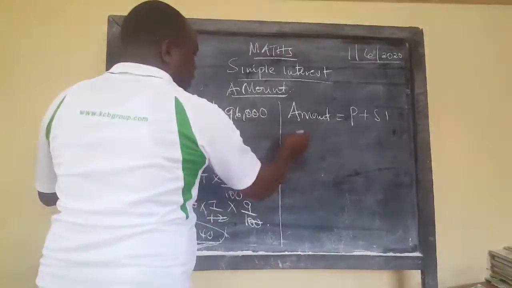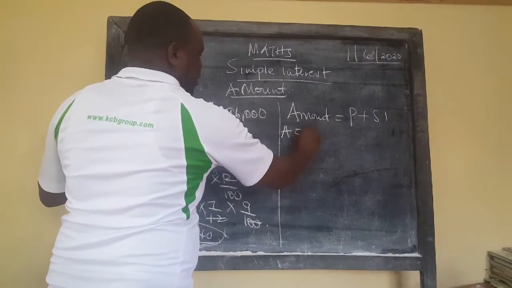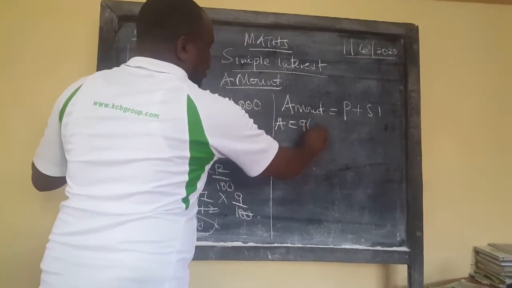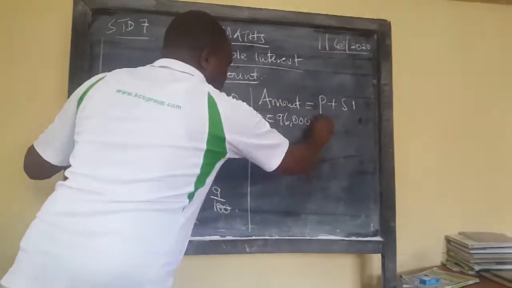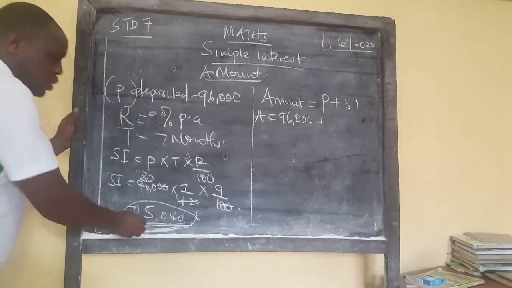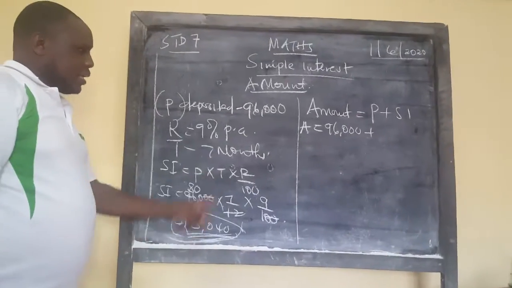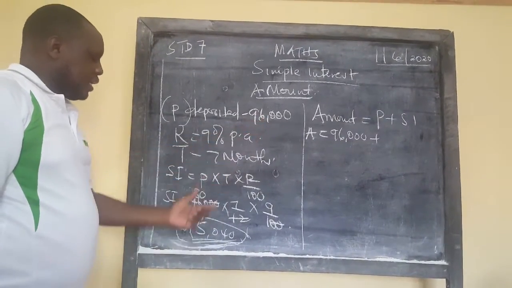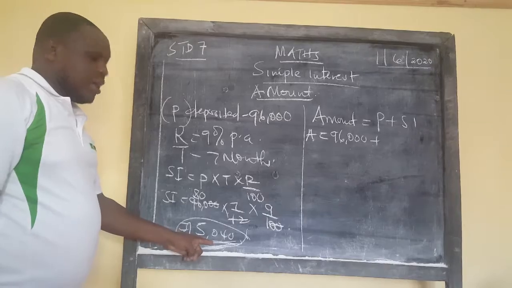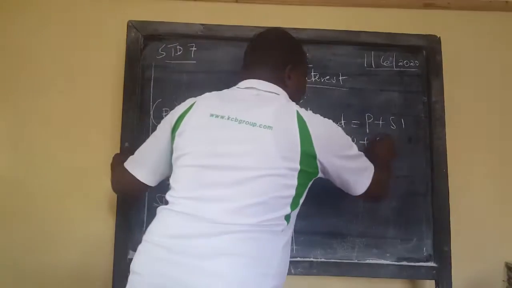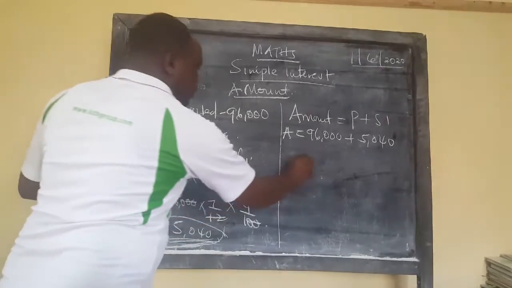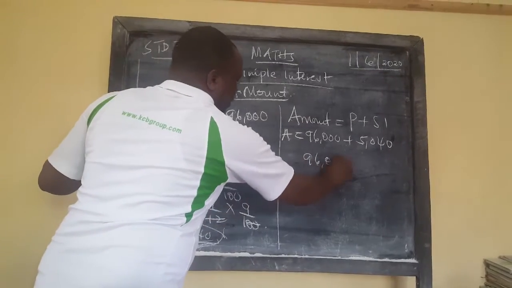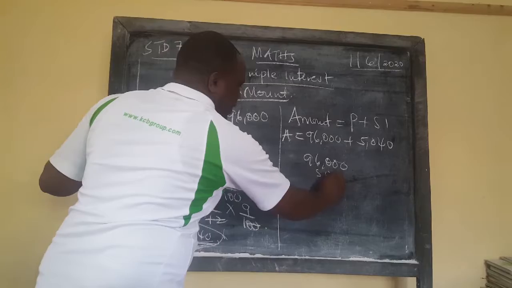So we get the amount by getting the principal, which was 96,000, that is the money that was borrowed or deposited, plus the amount that was earned by that money in 7 months, which is 5,040. So you add 96,000 plus 5,040.